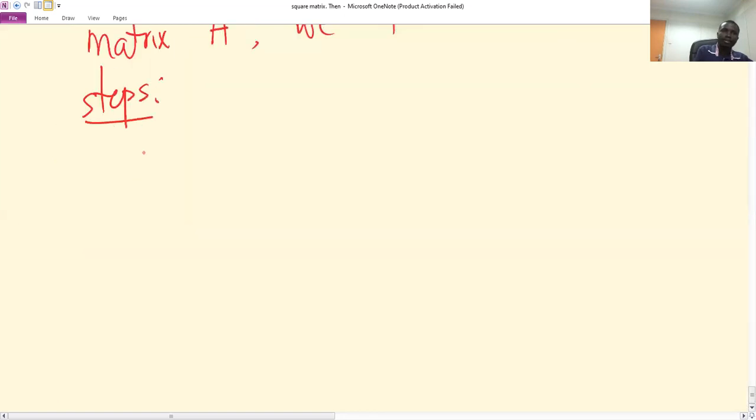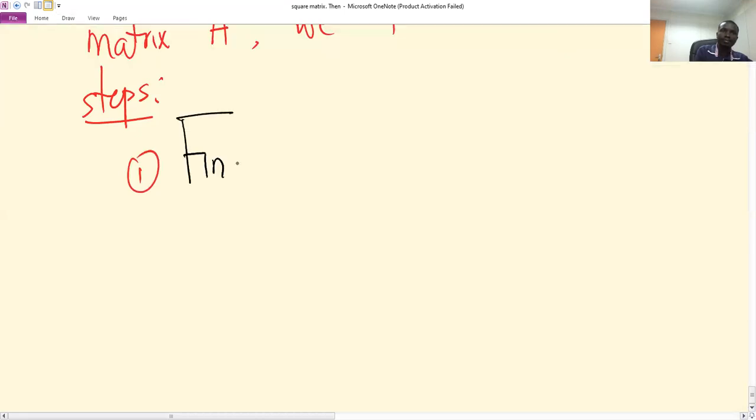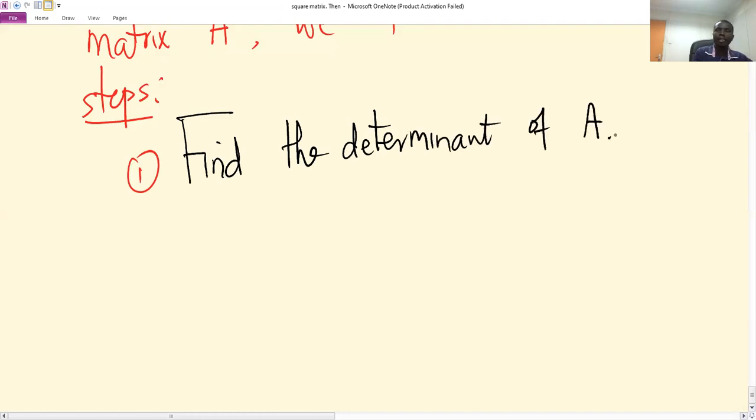The first step, find the determinant of A. If the determinant of A is 0, stop.